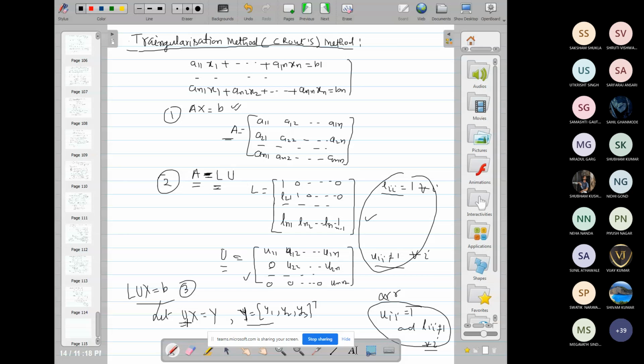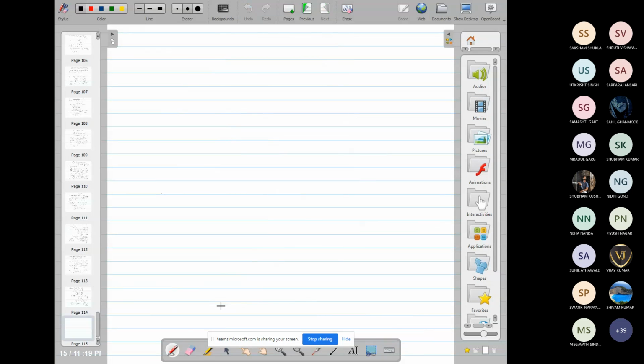If we consider Ux is equal to Y, substituting the value of Ux in 3, we have Ly is equal to B. Here you see L is determined and the B vector is known. So Y is unknown. This gives the values of Y1, Y2 and Y3, and that is, vector Y is determined.